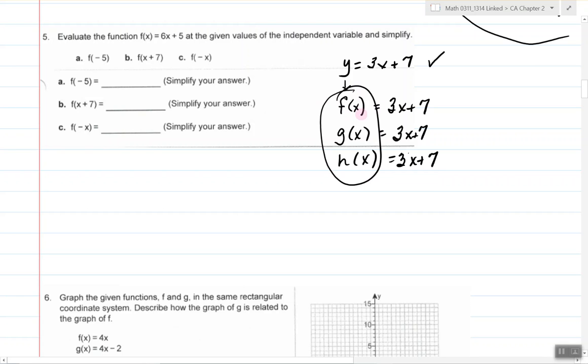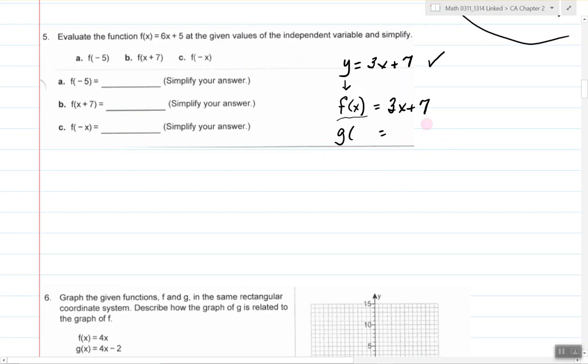F of x is a new name for y, and by using this new name, I don't have to study this equation and say, I wonder if that's a function. I don't have to, because you could not call it a function notation name unless it were a function.